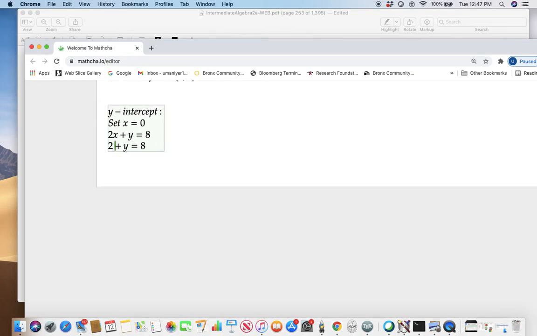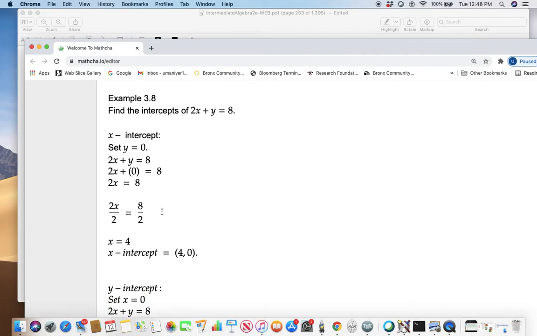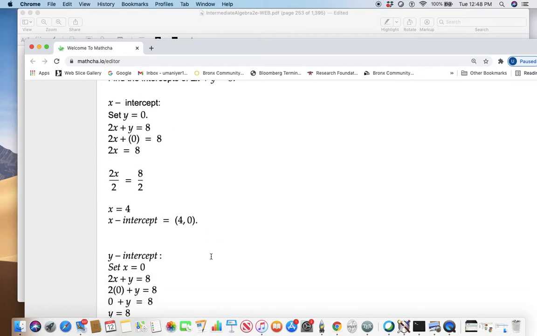So where you see x, you place parenthesis 0. 2 times 0 is 0. Y is 8. So what is the y-intercept? Notice the y-intercept is a point. X coordinate is 0 and y coordinate is 8. So this was the x-intercept and y-intercept.